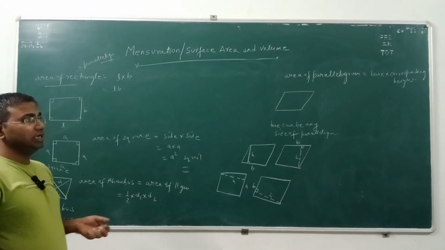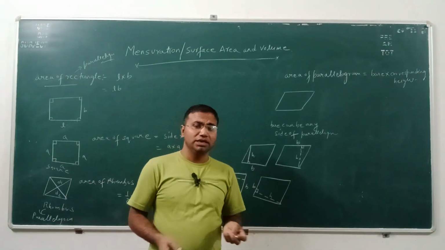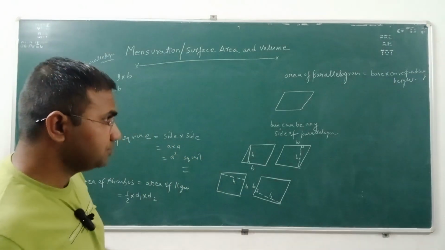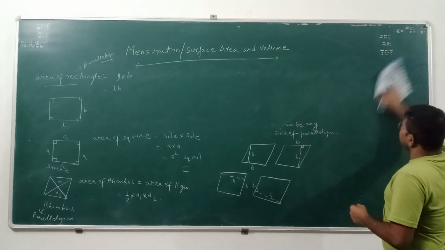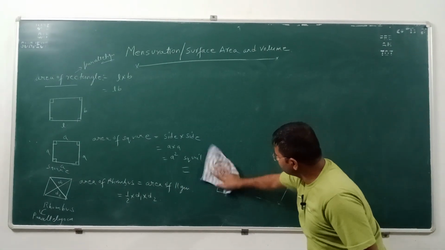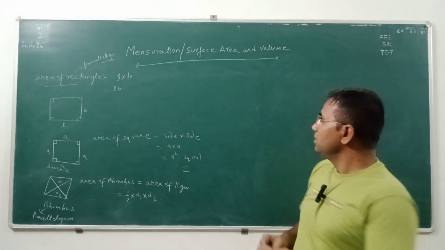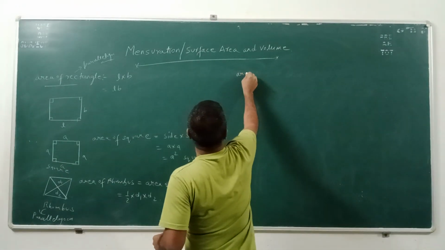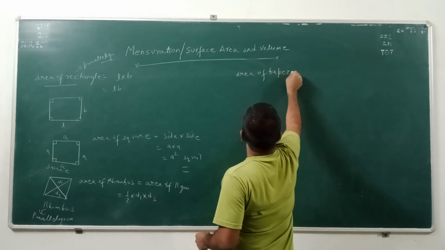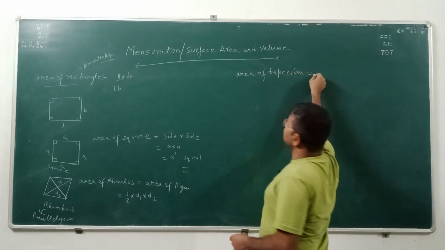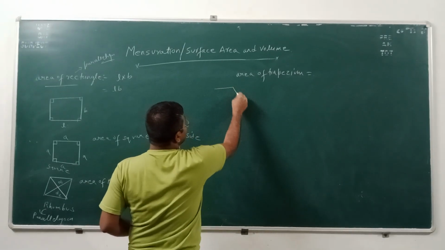Now let us discuss the area of a trapezium. As you know that the trapezium is also a type of quadrilateral. Okay, so let us see. Now see here, area of trapezium. As you know that the trapezium figure is like this.